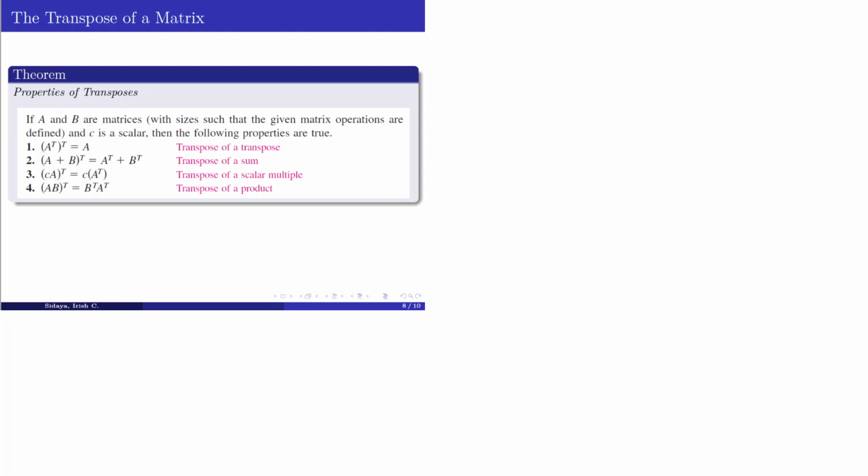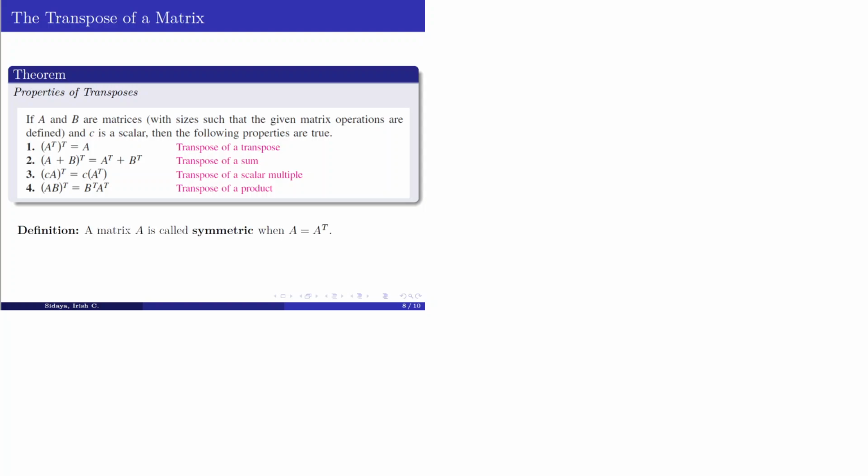Number one, the transpose of A transpose is just A. Next, the transpose of the sum of matrices A and B is equal to the sum of the transposes of A and B. Also, the transpose of the scalar multiple of A by c is equal to the scalar multiple of A transpose by c. And lastly, the transpose of the product AB is equal to the product B transpose times A transpose. The proofs of this will be left as exercise.